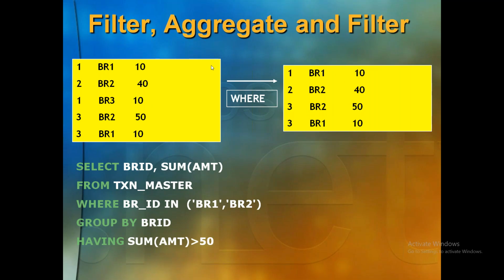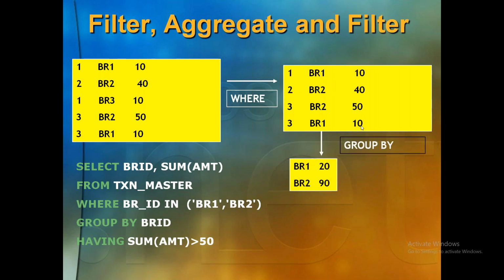Have you seen the first filter clause, that is the where clause, applied? Now, after the where clause is applied, group by is going to happen. Group by means BR1 is one group, BR2 is one group, and summing is also going to happen. That is what is called group by and aggregation.